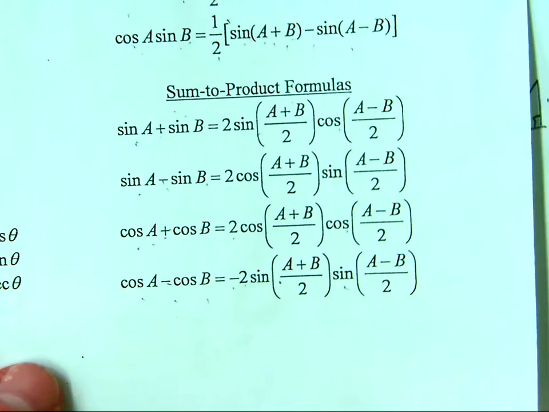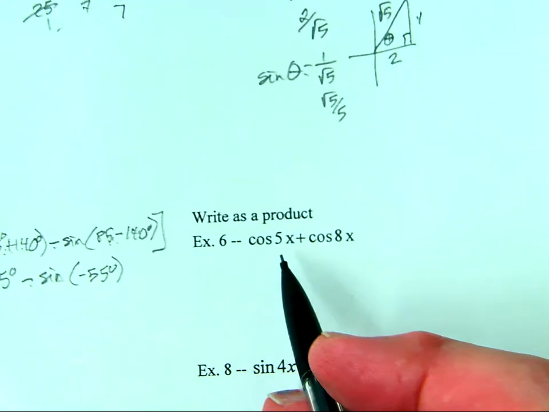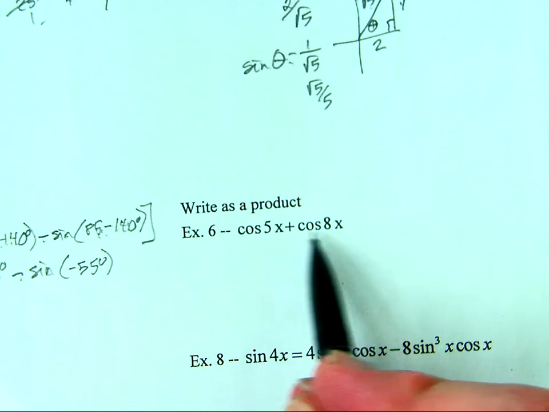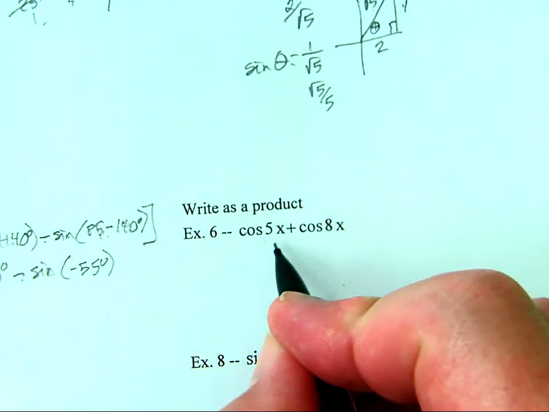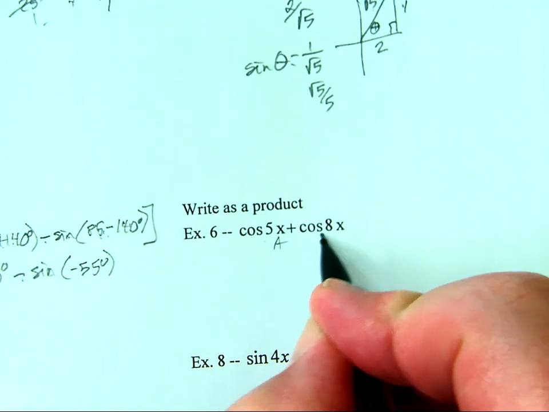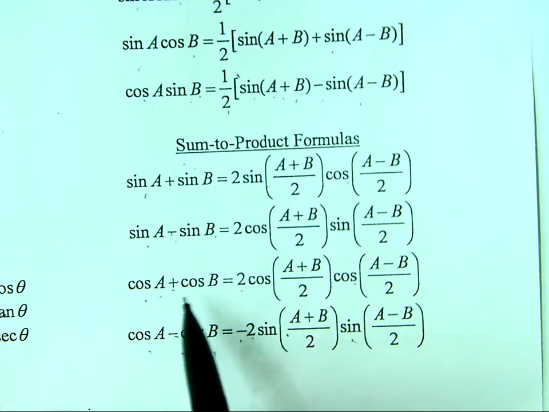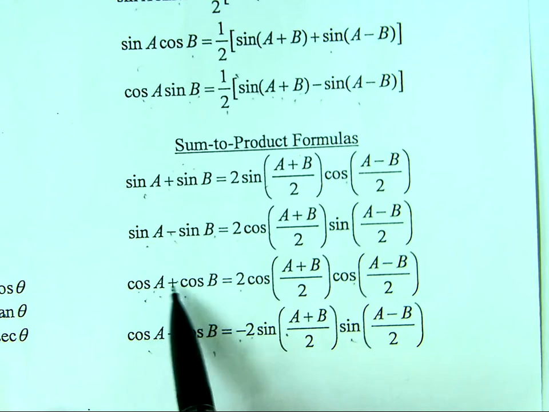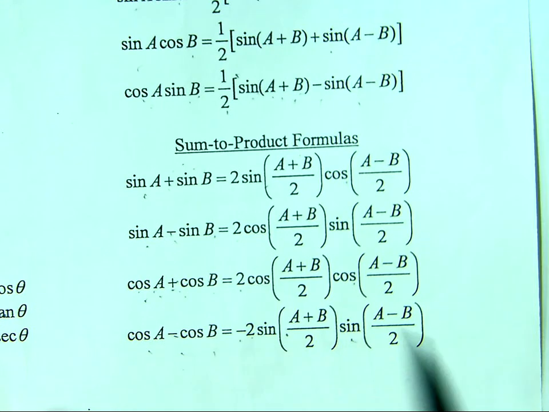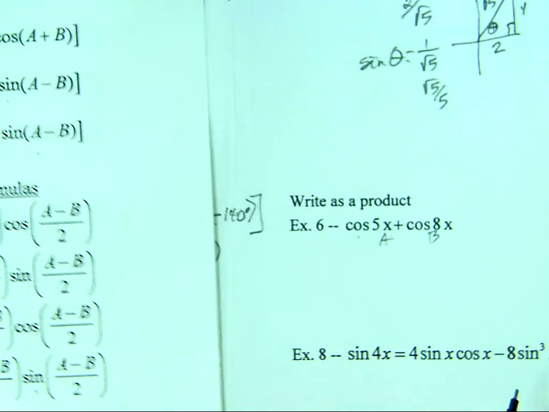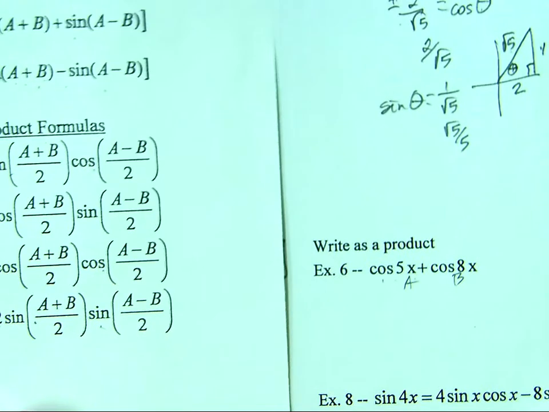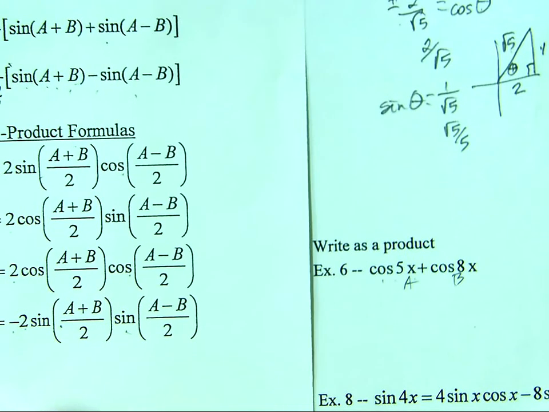So we're going to do the same thing. Like this one says, write as a product. Notice right now it's a sum. That's cosine plus cosine. So this is like A and this is like B. So we're going to look for cosine plus cosine. If you look, this third one down is cosine A plus cosine B. So we're going to use that one.